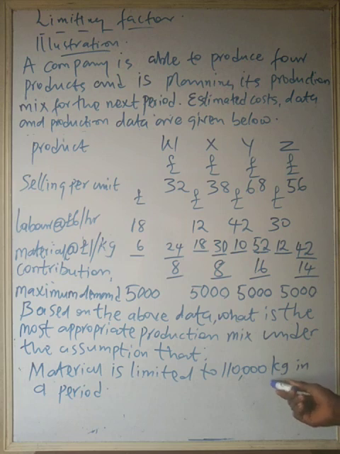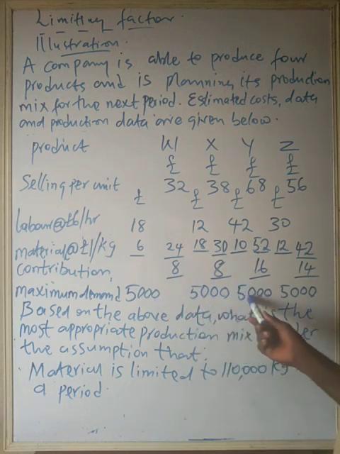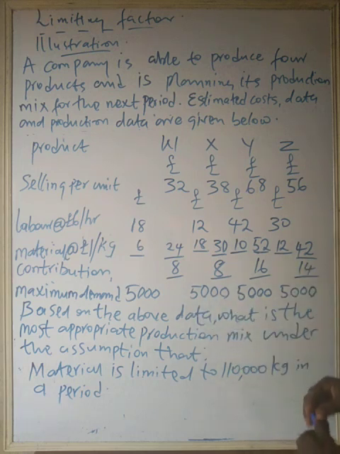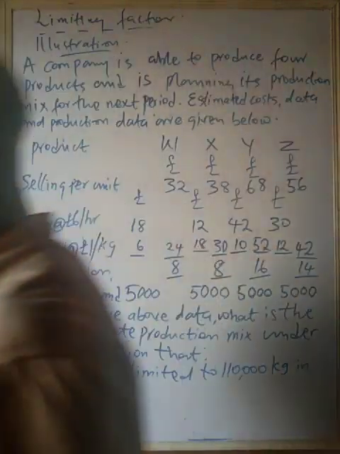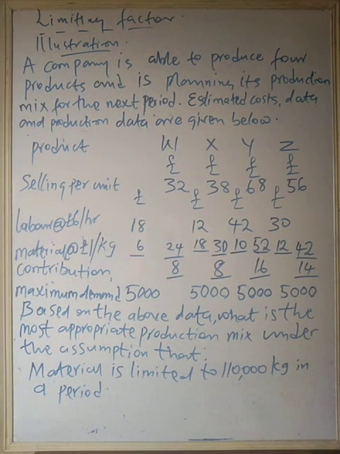Will 110,000 kg be enough to produce 5,000, 5,000, 5,000, 5,000? That is 20,000 units. Will it be enough? That's why we need the computation. So I want to rub off the question now so that you can go and do the computation.